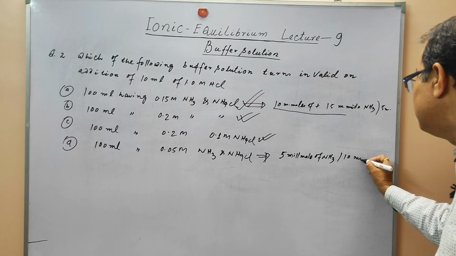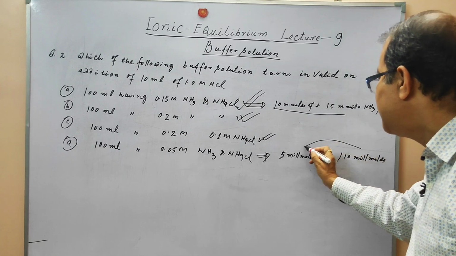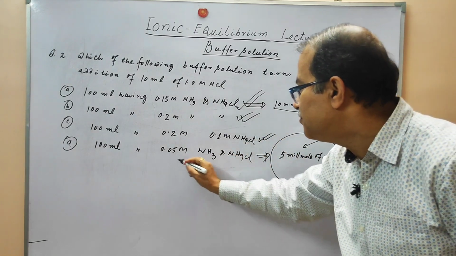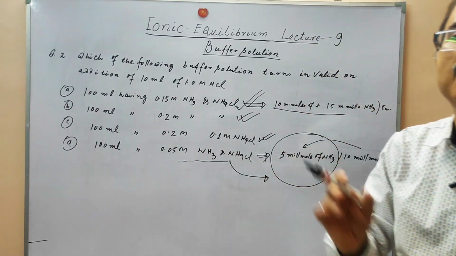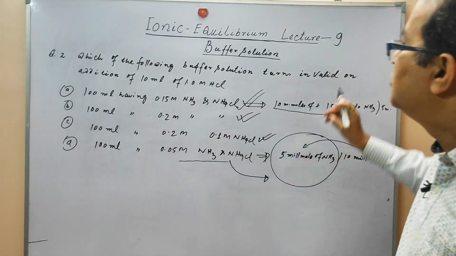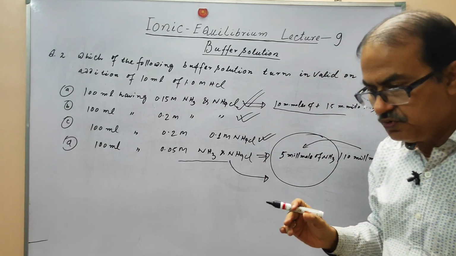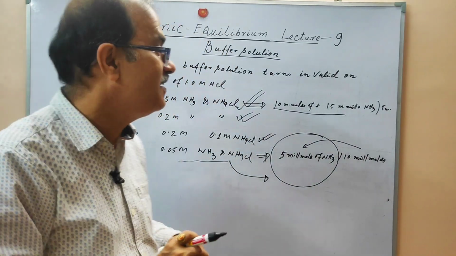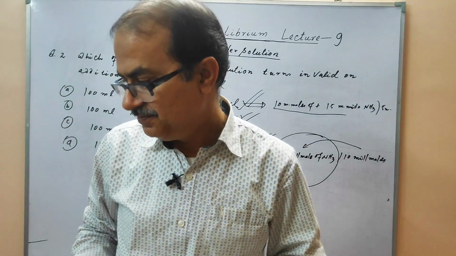So you can easily understand it will totally neutralize the present ammonia, and in the solution you will have only the ammonium chloride. So the buffer solution will become invalid. It will no longer be a buffer solution. Okay, it is very important and very useful to understand.